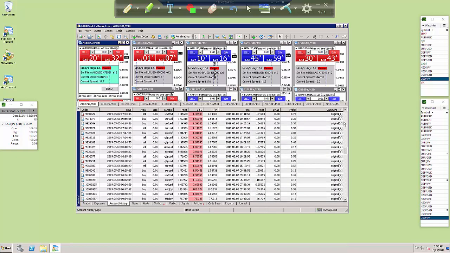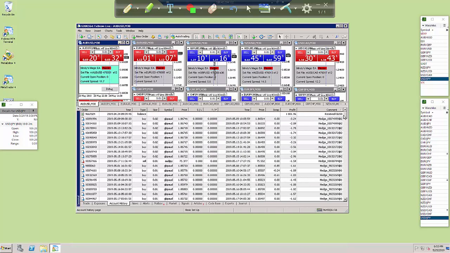Let's go up to the hedges. Really, really hard for me to see this. Okay, here we go. So that original trade that we're looking at from May 13th, it has hedged one time. Okay?